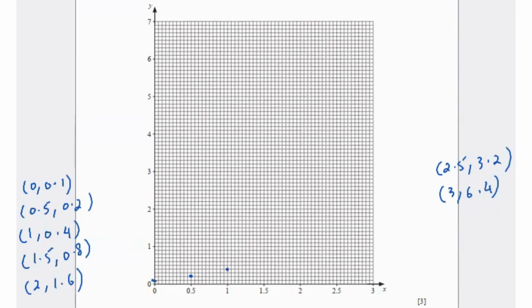So that's going to be over here. Then 2 and 1.6. 1.6 is going to be 2, 3, 4, 5, 6.